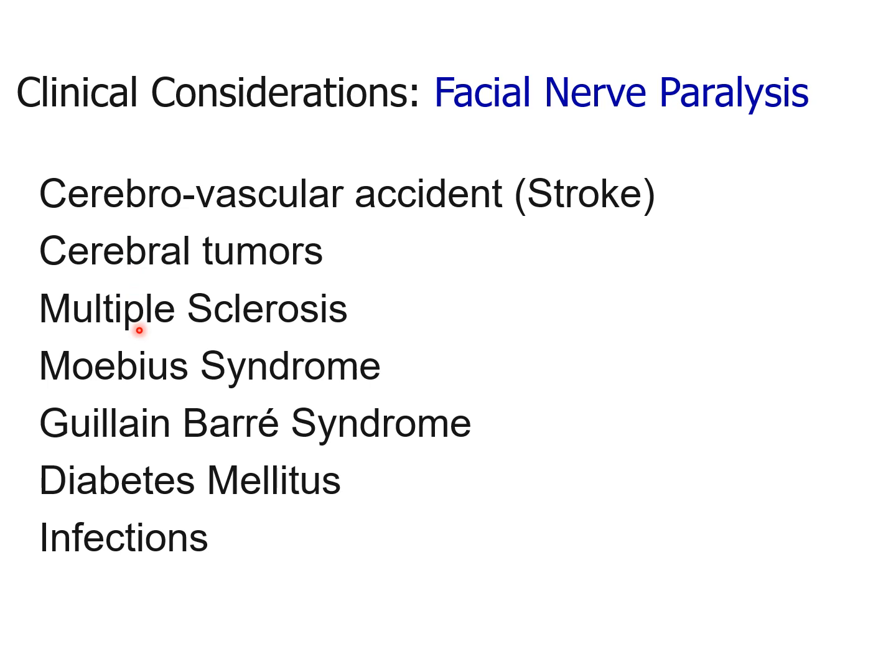And then there are a variety of conditions like multiple sclerosis, Mobius syndrome, Guillain-Barré syndrome, etc. Neuropathy in diabetes, and central and systemic infections can also involve the facial nerve.